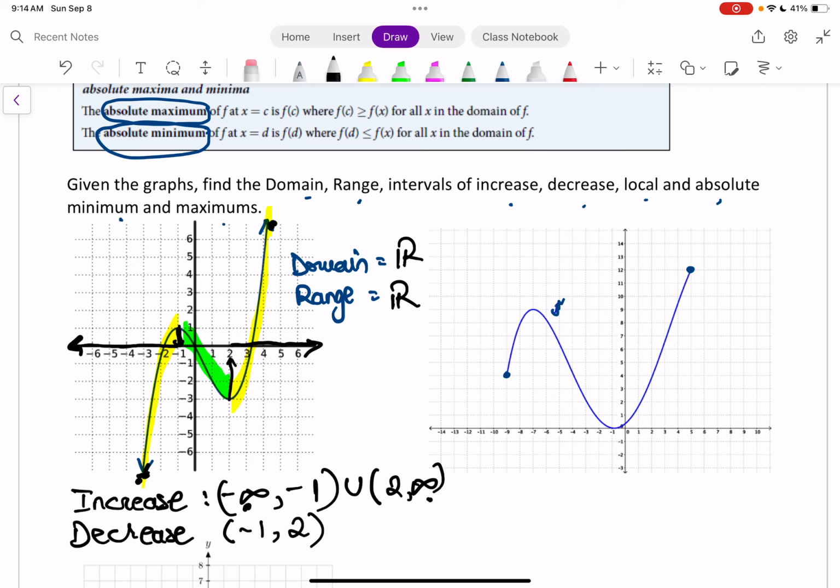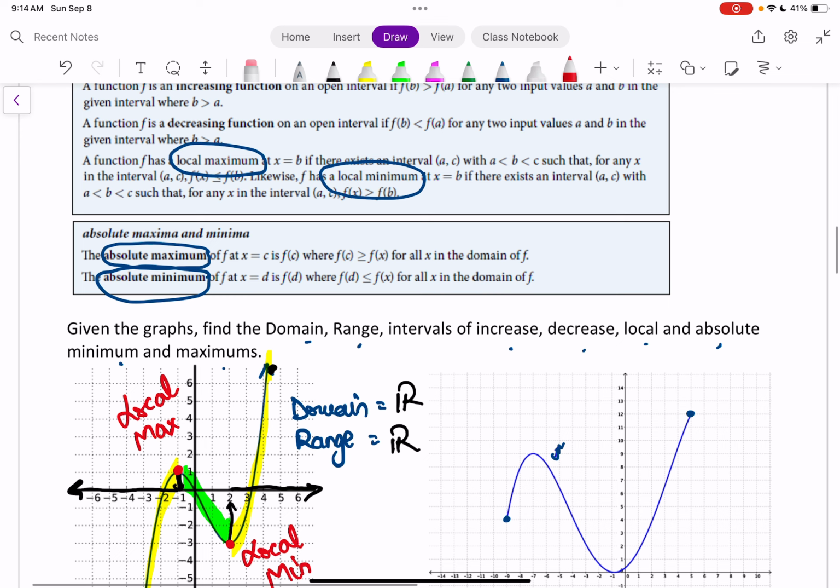We've covered everything. The minimums and maximums, let's talk about that. So clearly here is a turning point, and these turning points we call local minimums and maximums. A maximum point is a highest point, and this is a local minimum point.